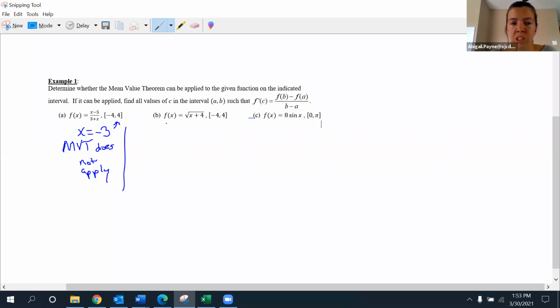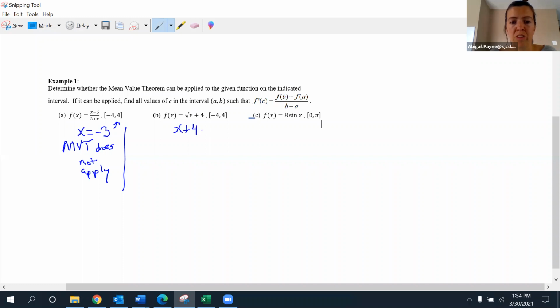So this next function, f of x equals the square root of x plus 4. That function is continuous for all x greater than or equal to -4, because you'll have 0 in the radicand, 0 under the radical, when x equals -4. And if x is anything greater than -4, then we'll have a positive number here.